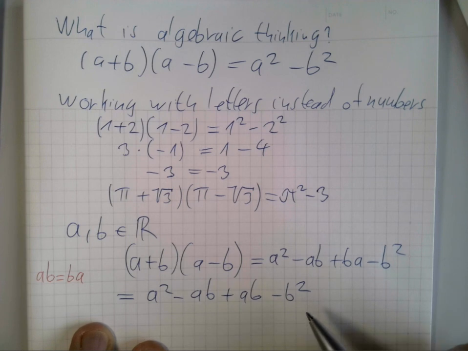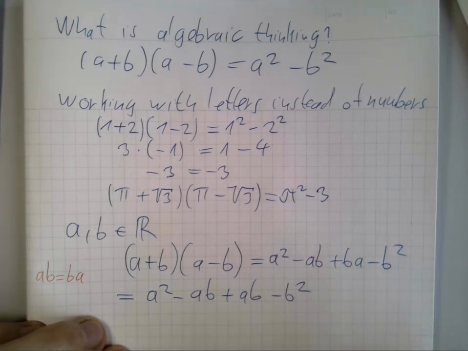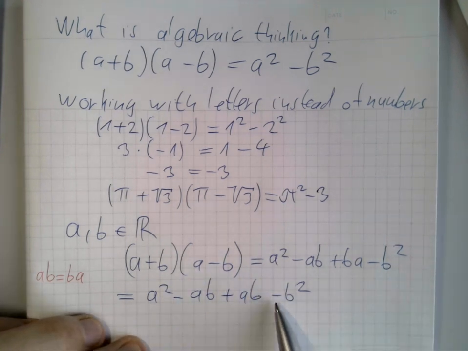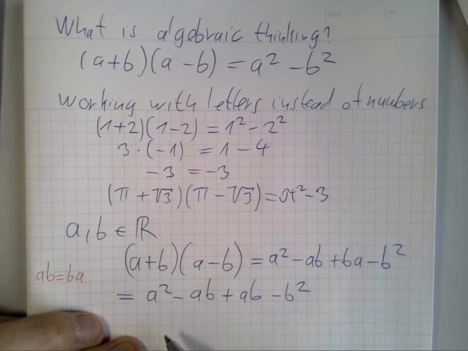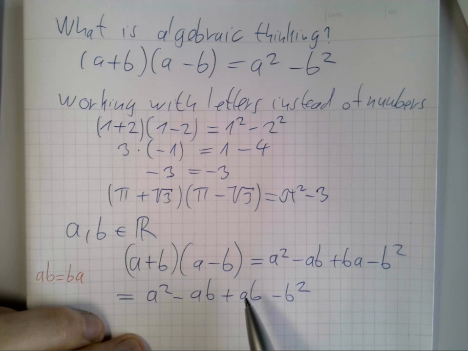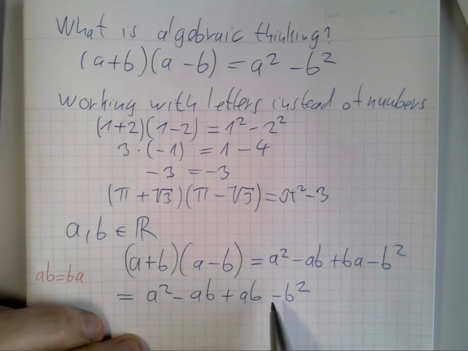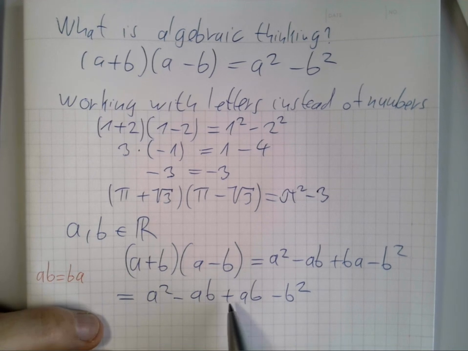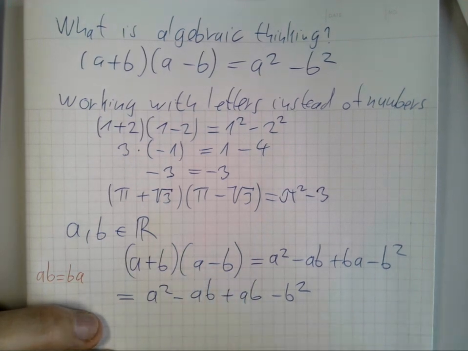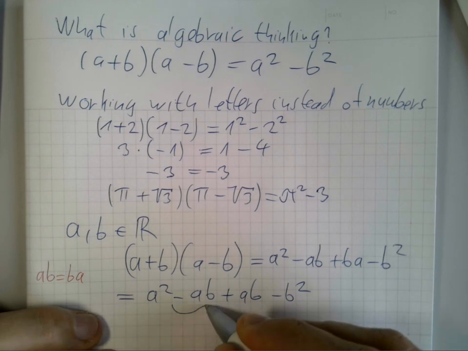Now, I don't know what a is and I don't know what b is, and I don't care. I still don't know what a times b is, but if I add it once and subtract it once, that's just nothing. That's just 0.